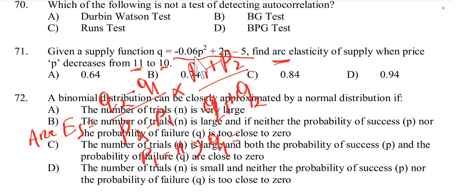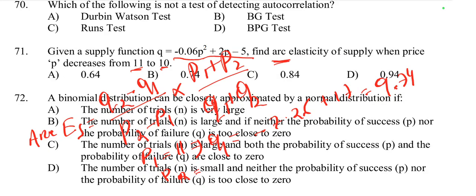Just calculate the value, it is minus 7.26 plus 2 into P minus 5. 2 into P means 2 into 11, 22. 22 minus 5 is 17. So minus 7.26 plus 17 is 9.74.